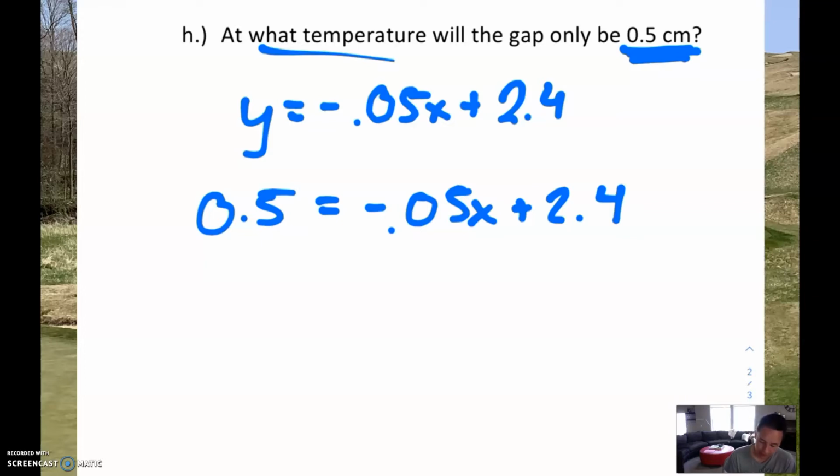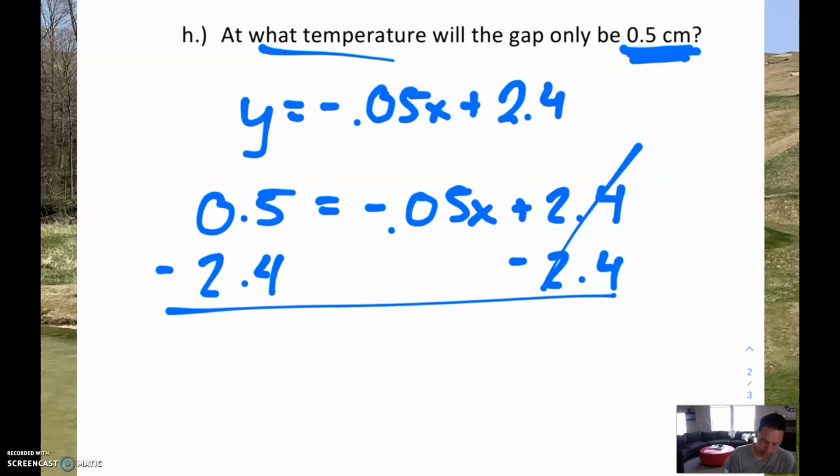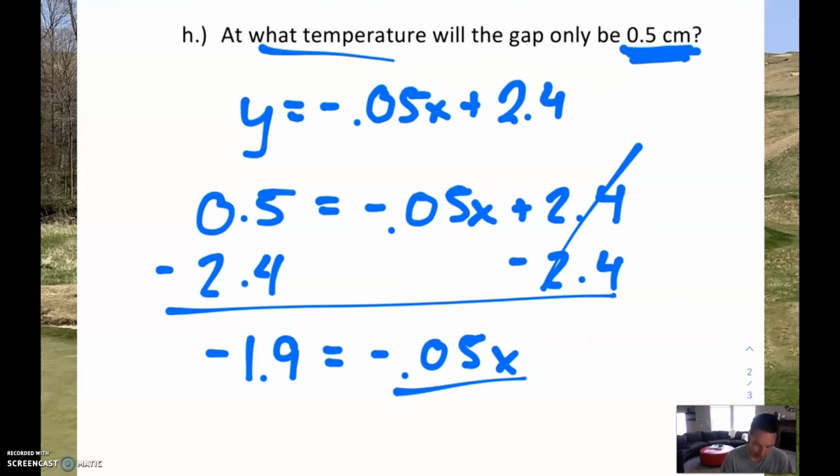So let's go ahead and get rid of this 2.4. We will subtract 2.4 from both sides. And 0.5 take away 2.4 is a negative 1.9 equals negative 0.05x. And then we can take negative 1.9 and divide it by negative 0.05.